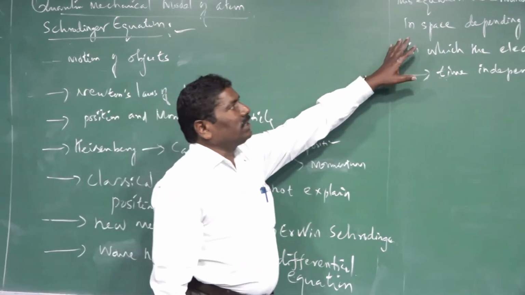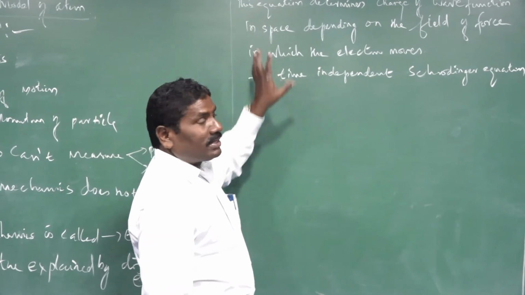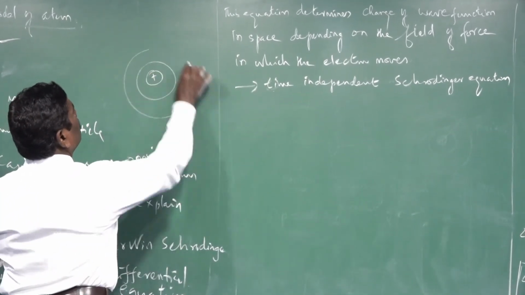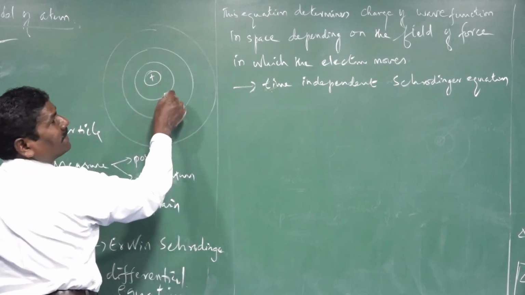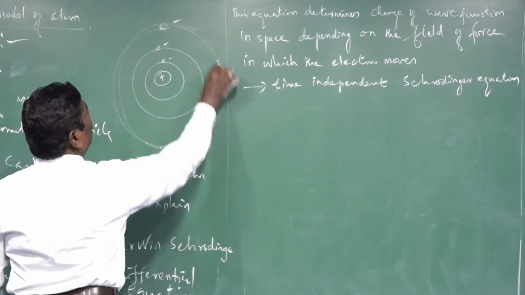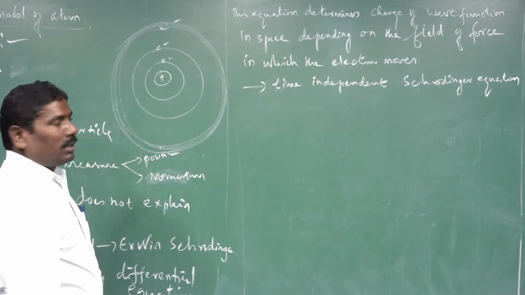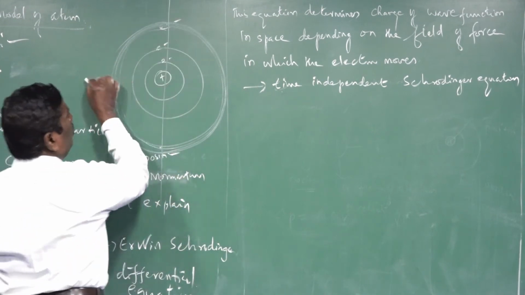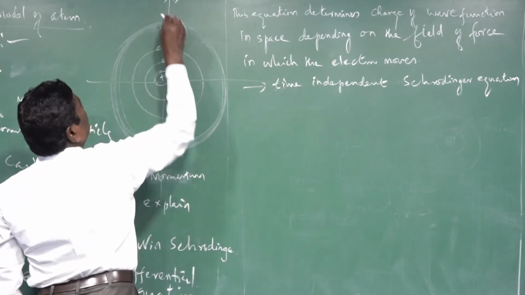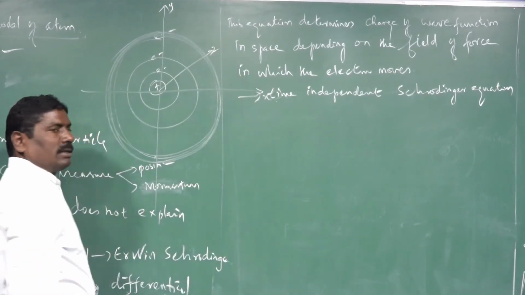These equations determine the change of wave functions in space, depending on the nucleus, with electrons revolving around it in its own path, which we can call a circular orbit. Now you should understand this point. Take this as the y-axis, this as the x-axis, and this as the z-axis coordinates.